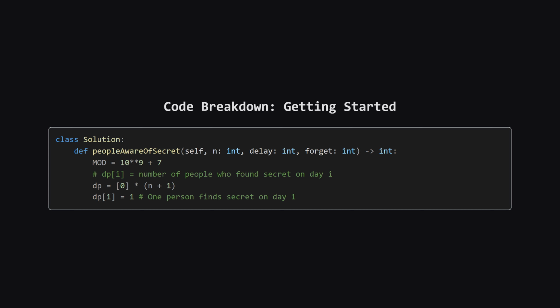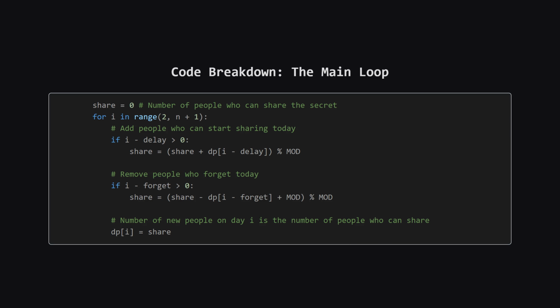On day 1, exactly one person learns the secret, so we set the value at index 1 of our DP array to 1. Now for the core of the algorithm, we loop from day 2 all the way to our final day, n. We use that share variable we talked about to keep a running total of active sharers. On each day we check, have delay days passed?